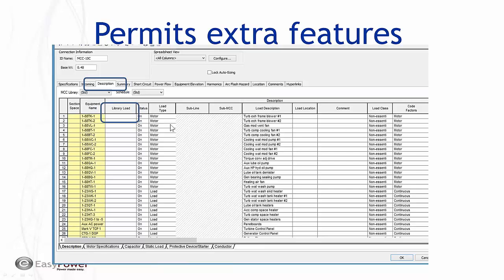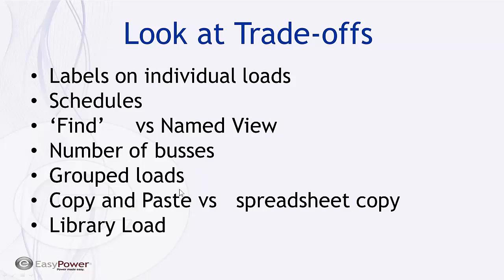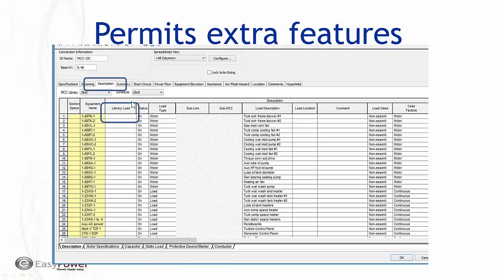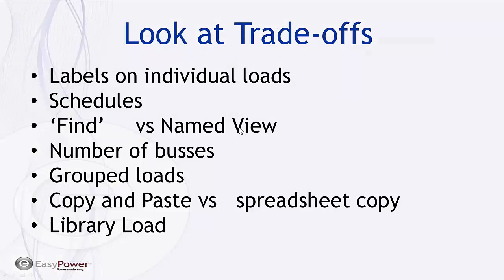And if we have a large number of MCCs, then perhaps that would help us in terms of organizing our one line. So the thing I want to point out as we're going through this comparison is what the trade-offs are. And probably the biggest difference is that with the icon version of the description of the loads, we're not able to put individual labels on the individual loads.